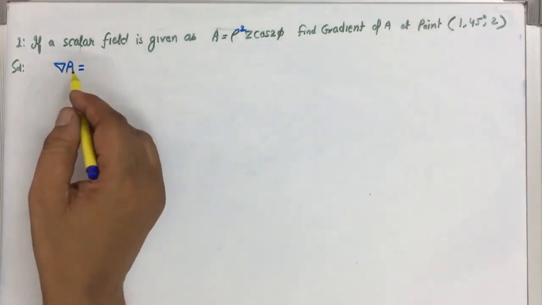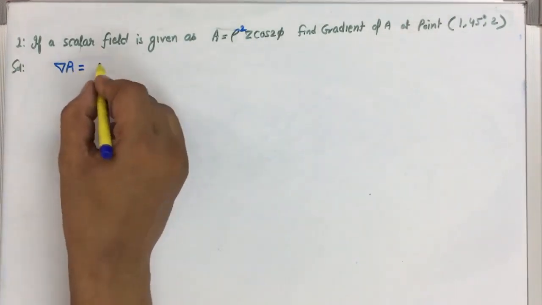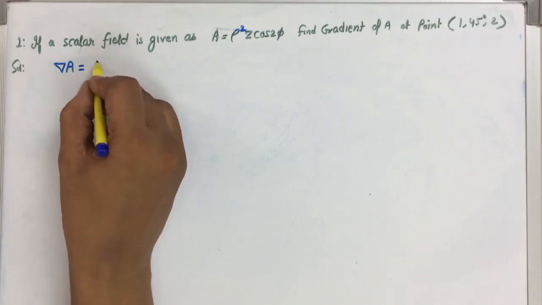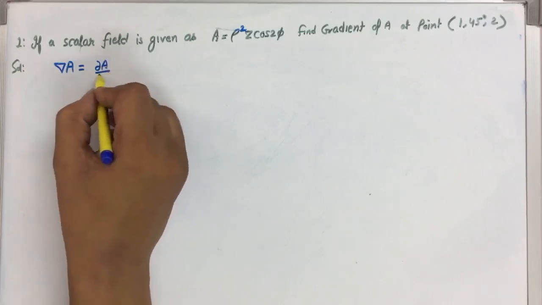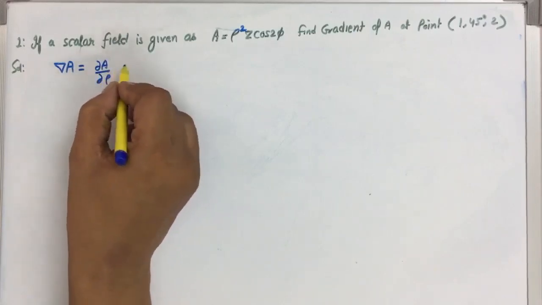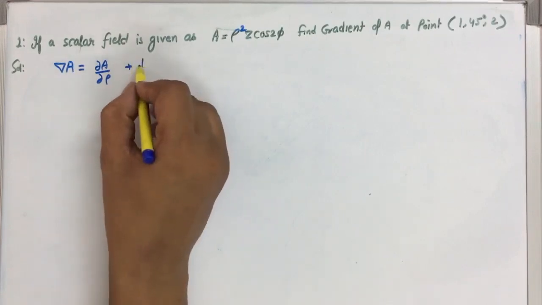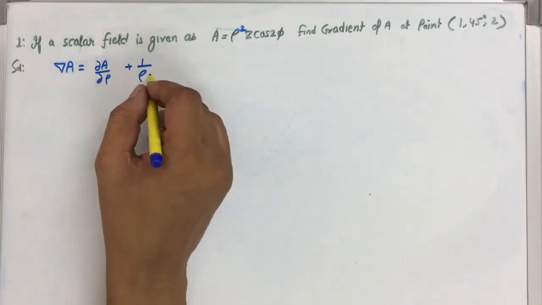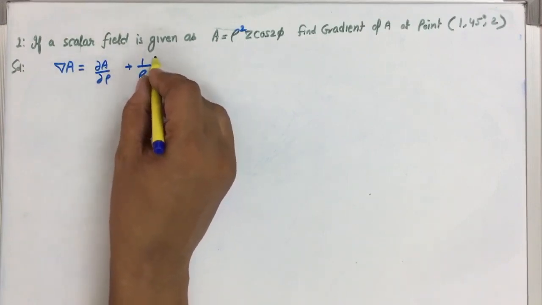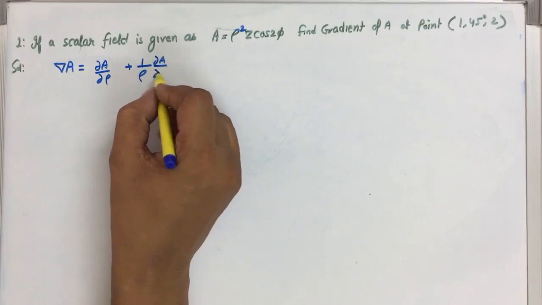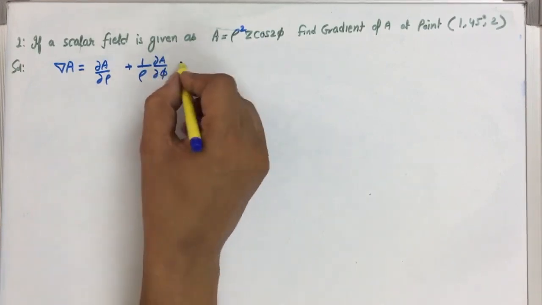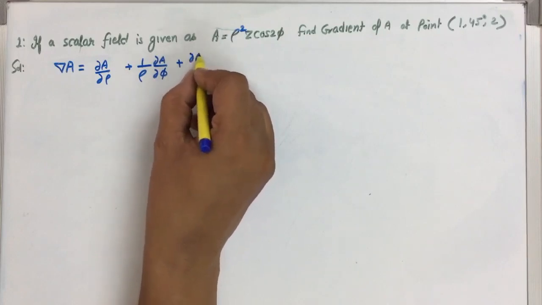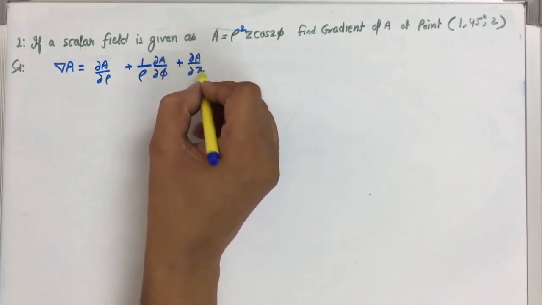So from the coordinates present here, rho, phi, z, we can say it is in the cylindrical coordinate system, and the gradient in this coordinate system we know properly: 1 by h1, that is 1, del A over del rho, plus 1 by h2, h2 is rho in that case, just a few minutes ago we discussed this, del A over del phi, plus 1 by h3, that is 1, del A over del z.